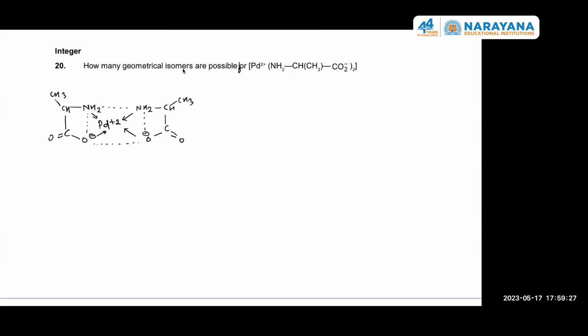It will give us a case in which O- will be here, CO, CH, CH3 and NH2 from here.